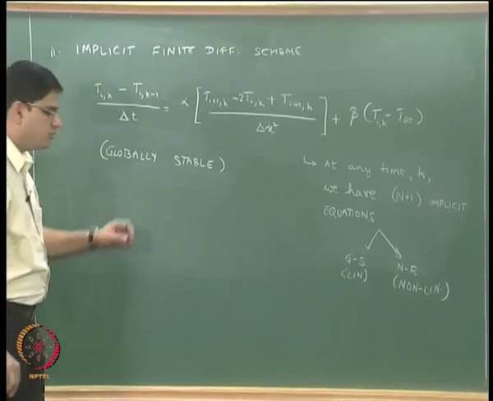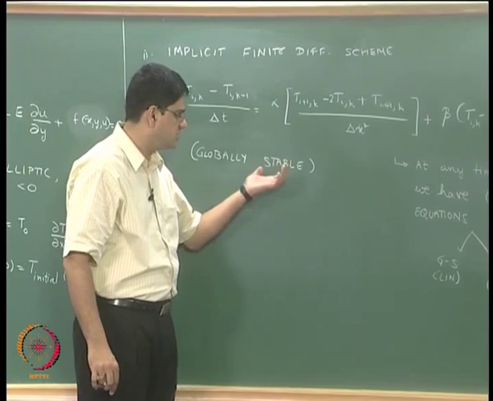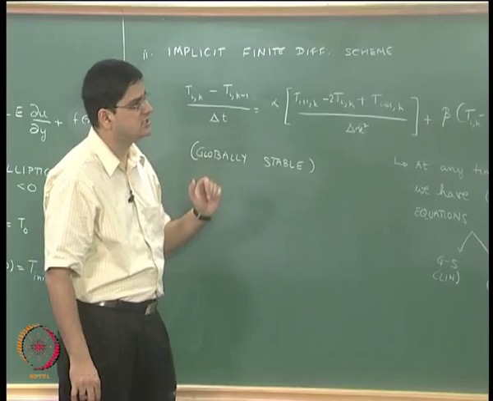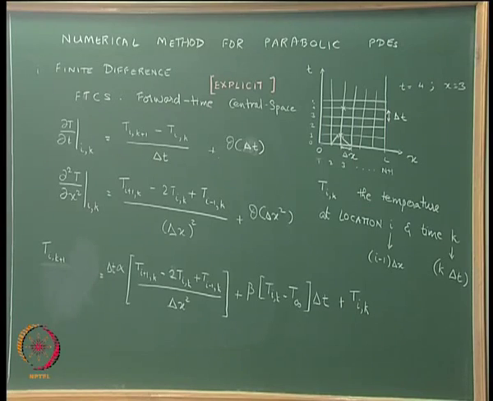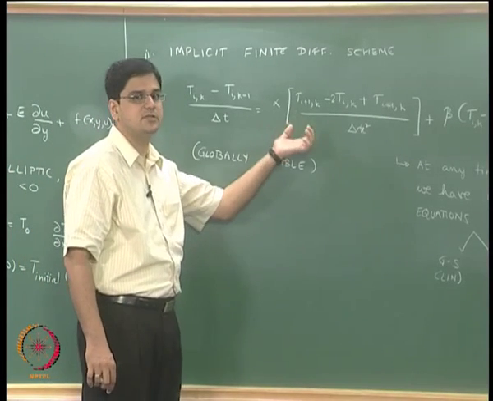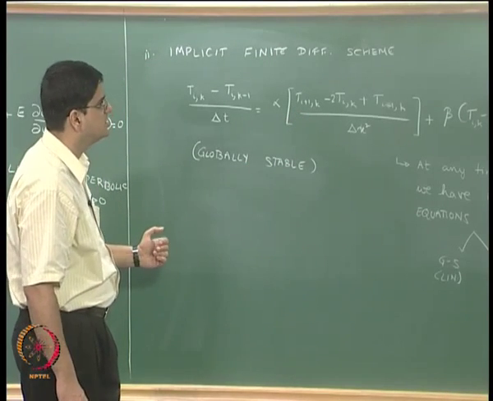We will come to implications of globally stable method in the next lecture, where we are going to take up a couple of numerical examples and solve them using both implicit as well as explicit schemes, and we will show that the explicit scheme does not result in a stable method for certain conditions, whereas the implicit scheme is always going to result in a globally stable method.